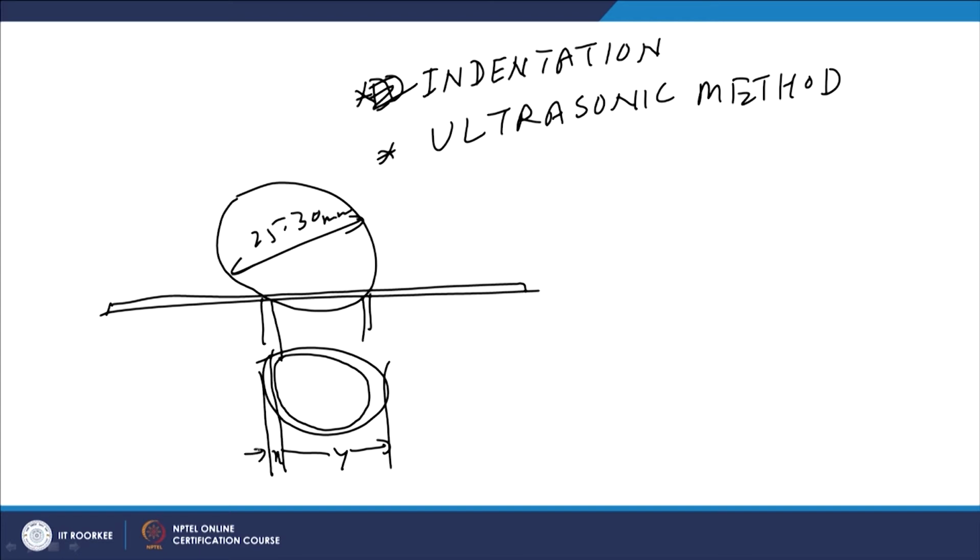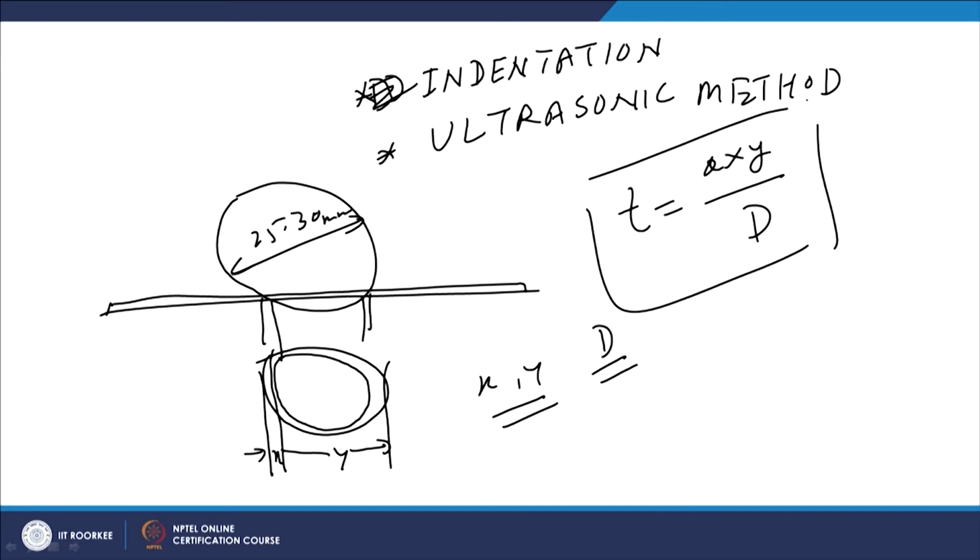These two values, x and y, are used for calculating the thickness along with the diameter of the ball used for developing the indentation. So the thickness of the layer applied in this indentation method is obtained from x multiplied by y divided by d. This gives us the approximate value of the modified zone.